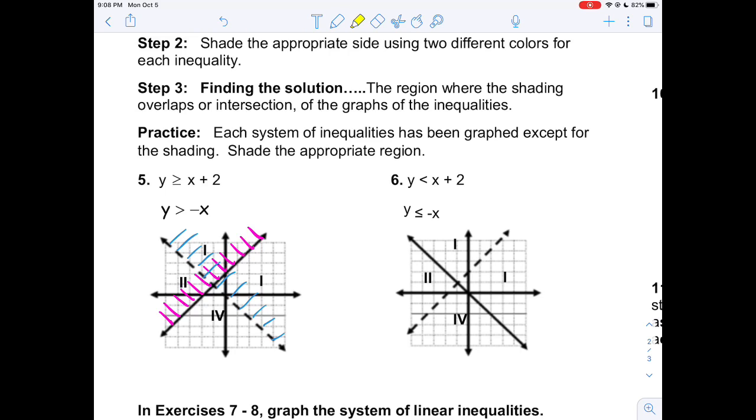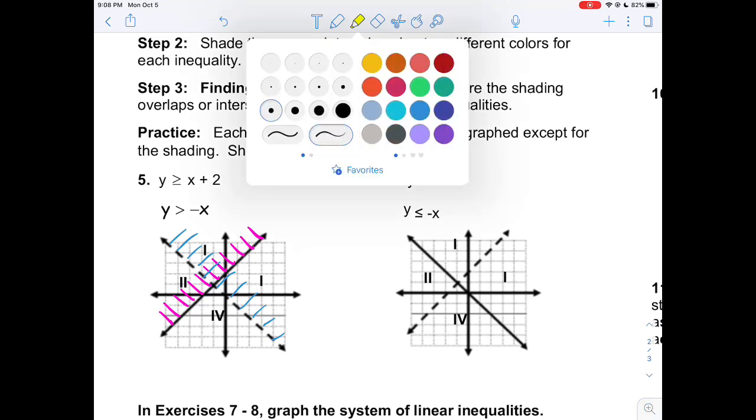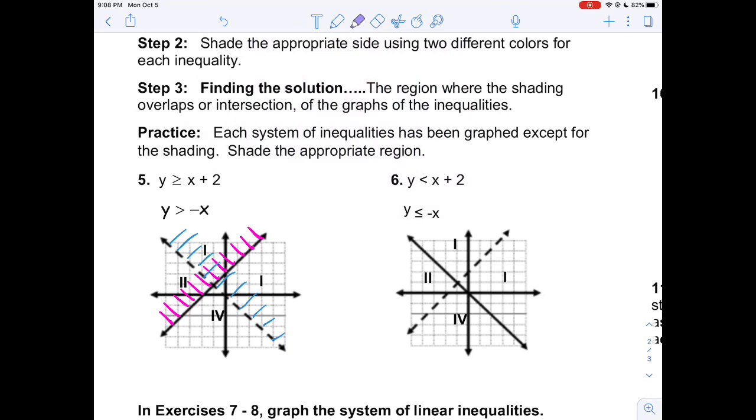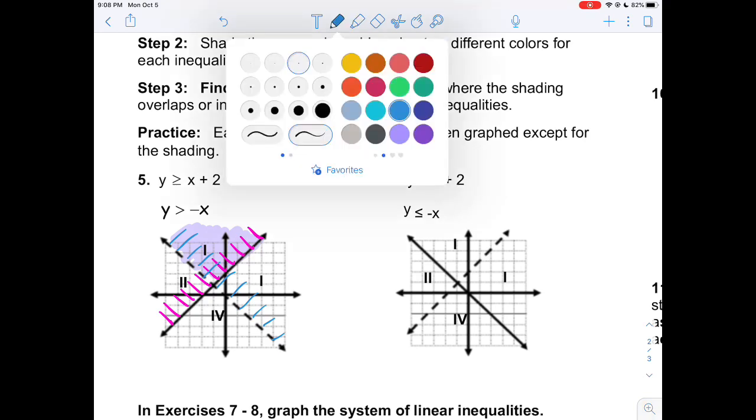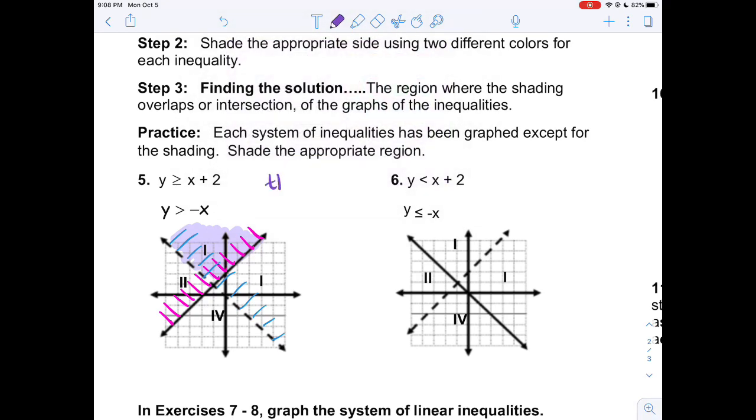And the result is that we have an overlapping region where we see that we have blue and pink in this area right here in the purple region. And so that is going to be our solution area. So the purple region is the overlap. Designating this by how the regions are marked, we are in the second region, region number 2.